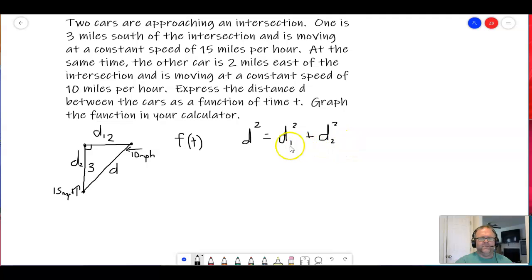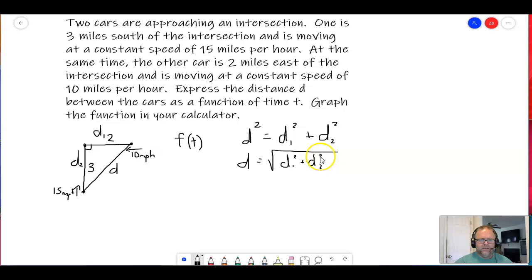They just describe which leg I'm talking about, and these are actually exponents. This actually means that you multiply it by itself. So if I want to take the square root of both sides to get d by itself, I'm going to get d is equal to the square root, because I just took the square root of both sides, of d1 squared plus d2 squared.